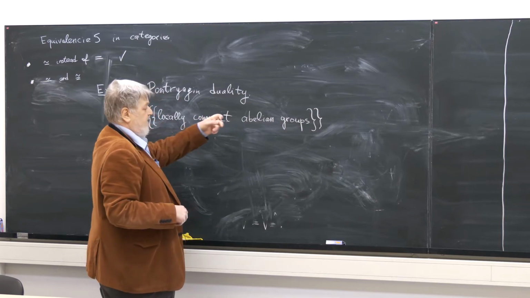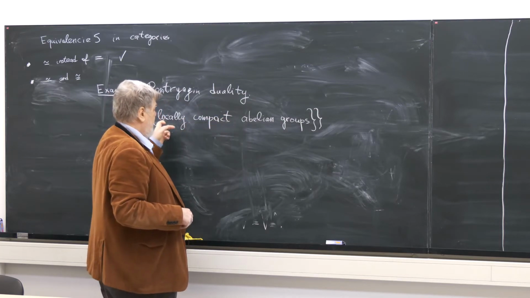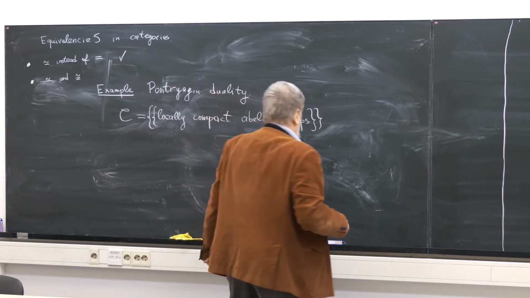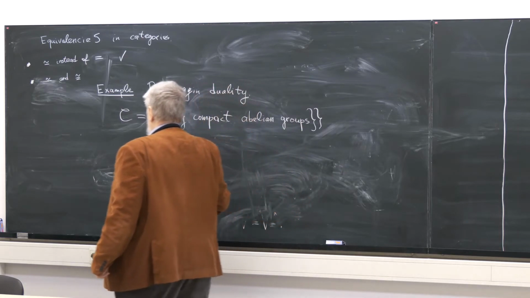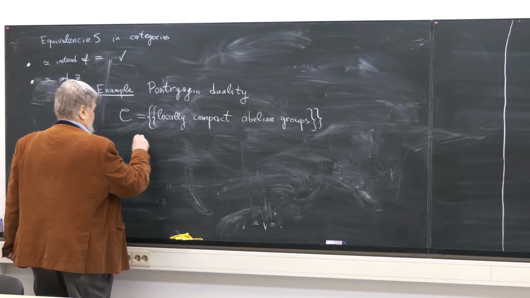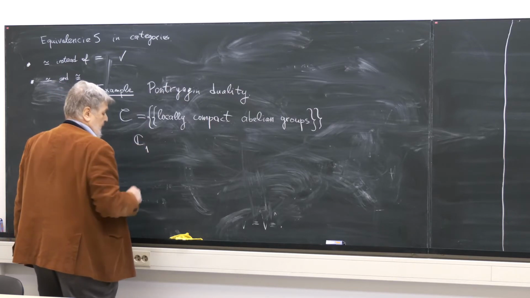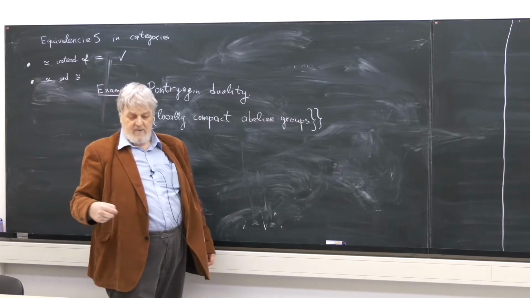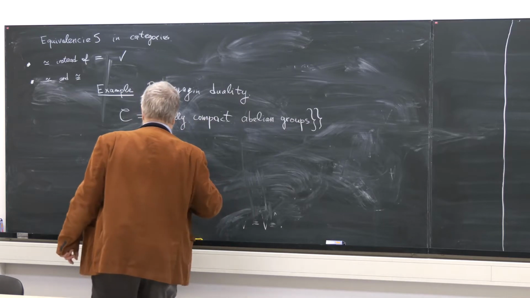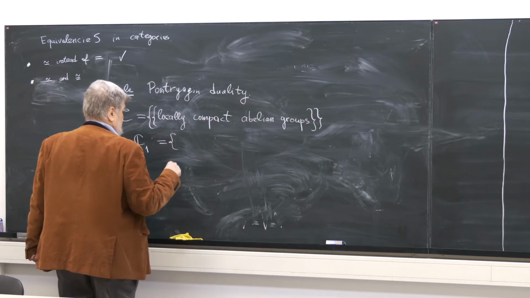That means that they are morphisms of groups, continuous morphisms of groups. Now, in this category, there is an example that is not quite clear immediately to be an outstanding one, and the notation is again not quite standard. It is just a circle.